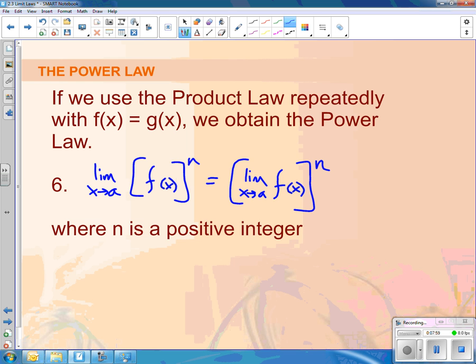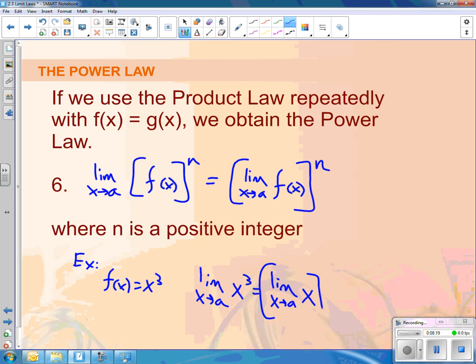So n is going to be a positive integer here, and I'm going to show you a quick example. Let's say that f of x equals x cubed. So we would be taking the limit as x approaches a of x cubed, but we can rewrite this as the limit as x approaches a of x, and then take that limit and raise that to the third power.